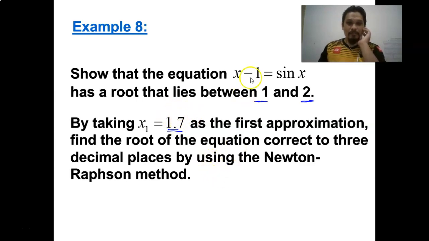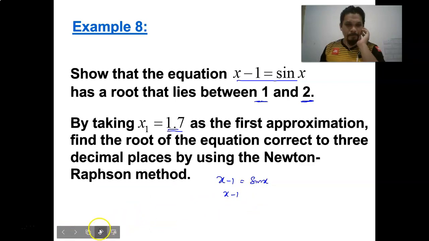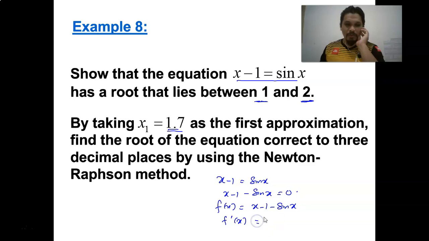From x minus 1 equals sin x, we rearrange it as x minus 1 minus sin x equals 0. So this is our f(x), x minus 1 minus sin x. Then f prime x equals the derivative of x, which is 1, the derivative of 1 is 0, minus the derivative of sine, which is cos x.